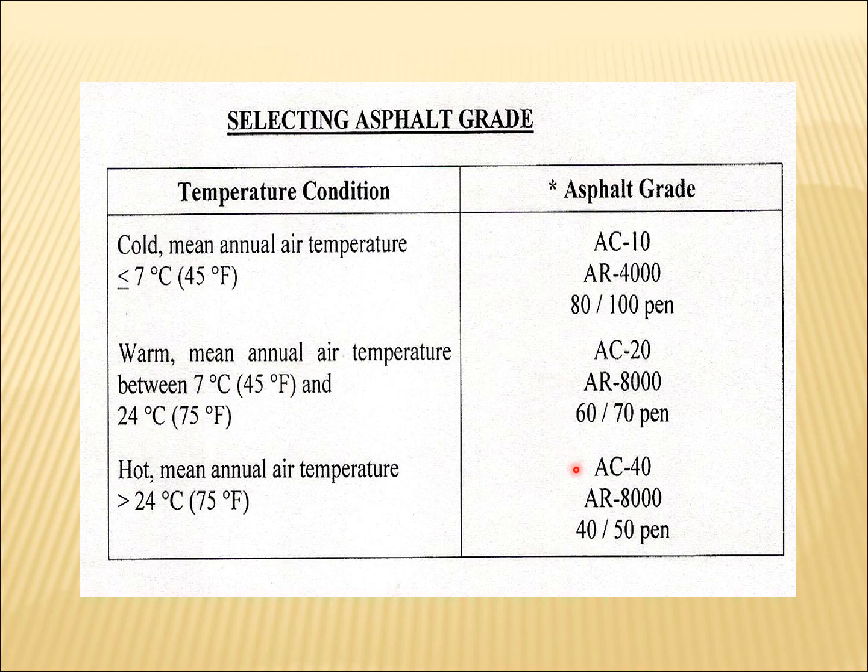In the case of hot condition, the recommended asphalts are AC 40, AR 8000 and 40 to 50 penetration grade. Well, keep this in mind that AC means asphalt cement and AR means aged residue.